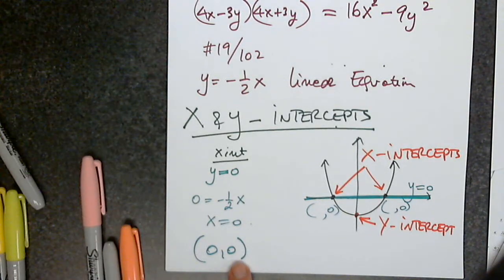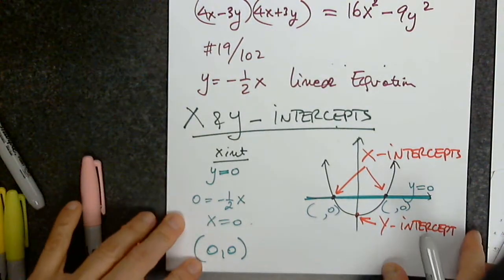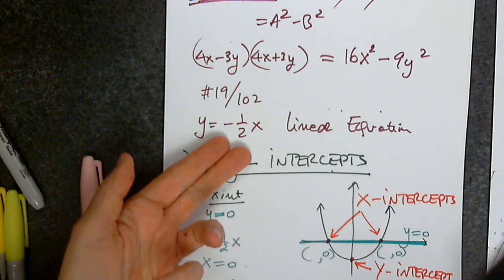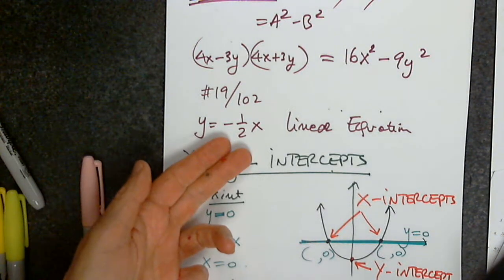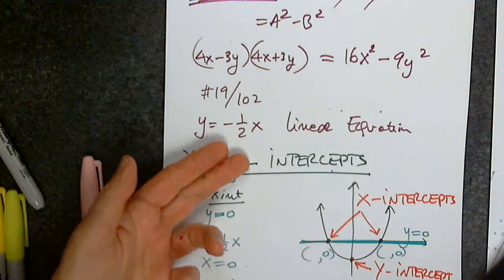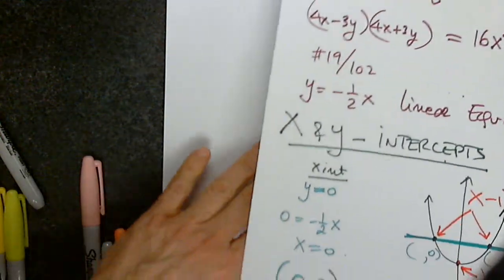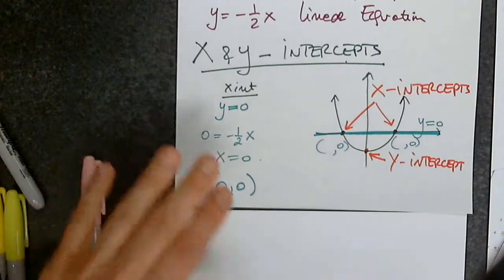I have to make up another point because it happens that the x and y intercepts are the same point. If I only have one point, I cannot graph an equation of a line. I need a second point. So let's make up another value for x. Let's come up with an x such that when I multiply it by negative 1/2, I get something easy to plot. 2 is good.